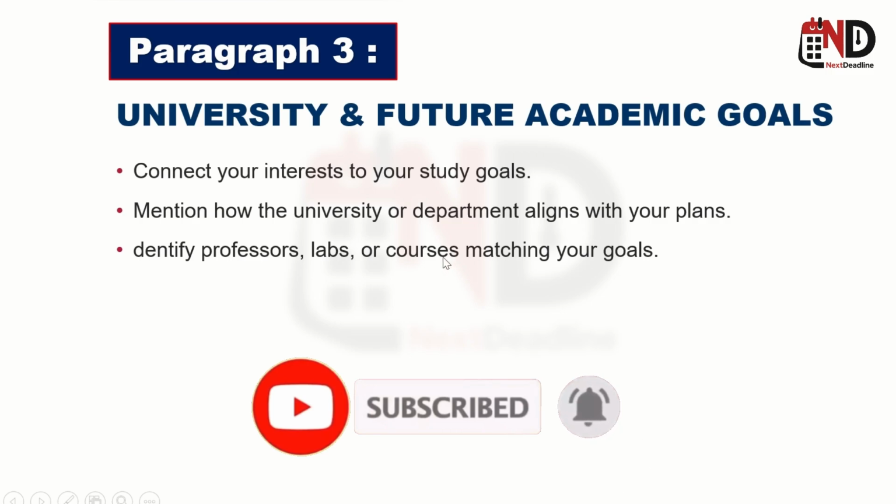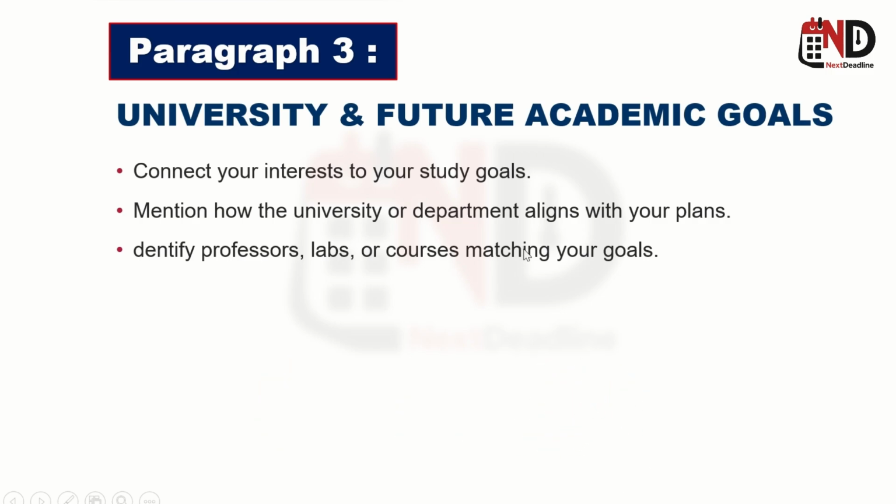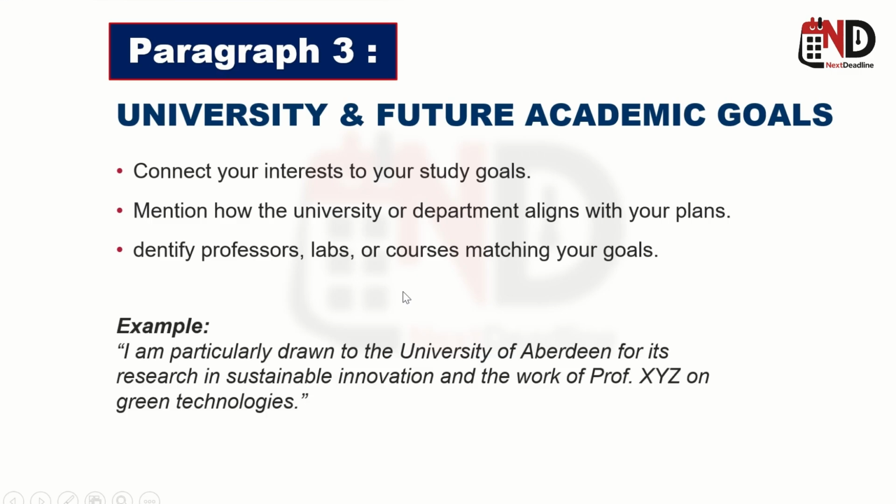There might be some modules in the course you want to study that match your goals. Let's say you're interested in entrepreneurship, and there is an entrepreneurship course. So you mention that. It will show that you have actually done your homework very well.